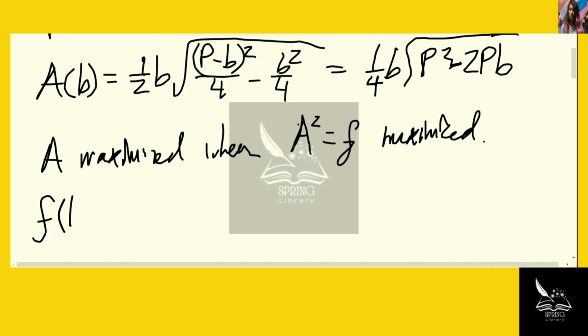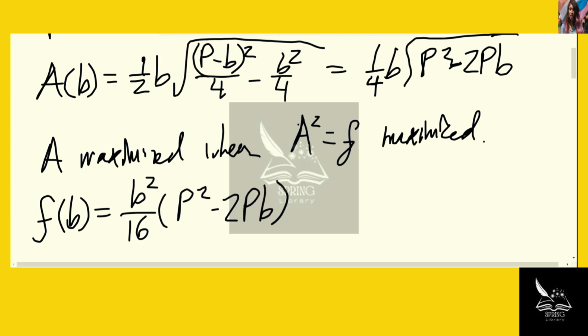So F of B is B squared over 16 times (P squared minus 2PB), which is P squared over 16 times B squared minus 2P over 16, which is P over 8, times B cubed.